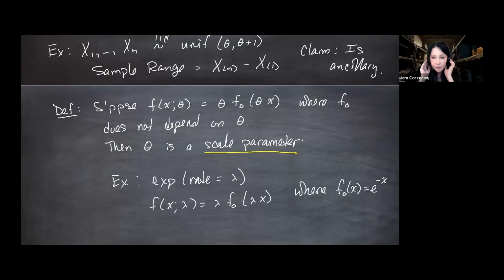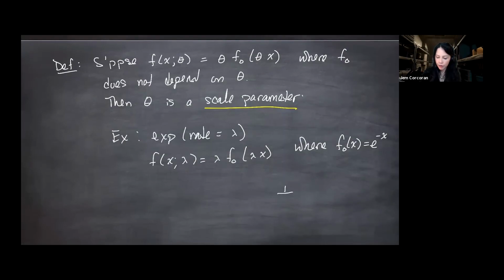Question. Oh yeah, so that's f naught of theta times x, not comma x, right? That's right. Yeah, that's a really good point because I always have commas or semicolons there. That's a multiplication. When you have things like 1 over theta, f naught of x over theta, theta is actually known as an inverse scale parameter.